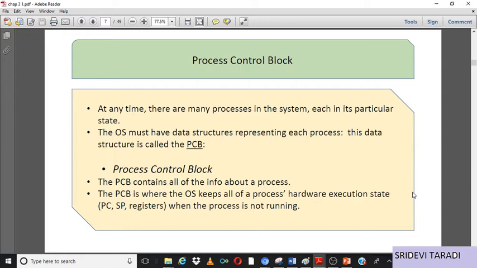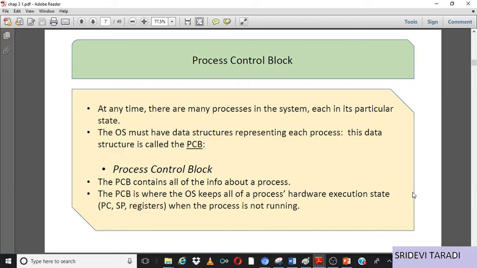So the operating system needs to know in what state these different processes are executing or remaining at a particular given point of time. Now, in order to keep information about each process, the OS must have a data structure representing the process and the state in which the process is executing.